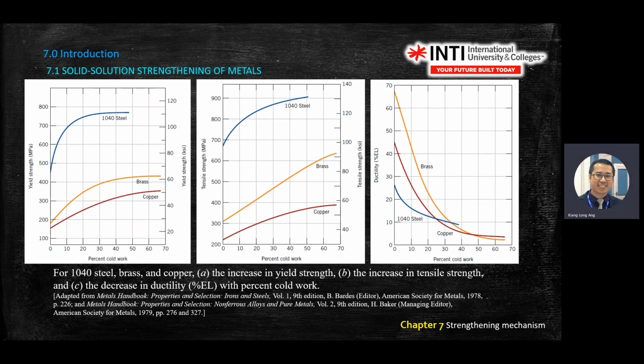So just now there's an equation, right? Percentage of cold work equals area original minus deformation divided by original times 100. So there's a certain limitation in the process where you cannot go over this percentage. So you need to read the question carefully.